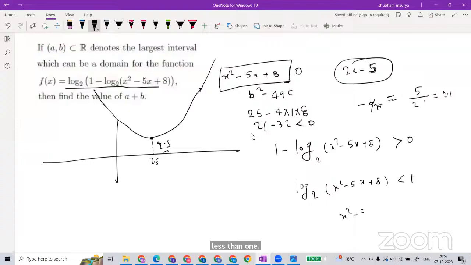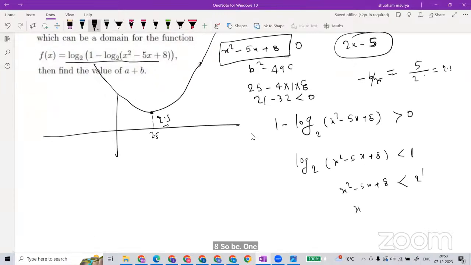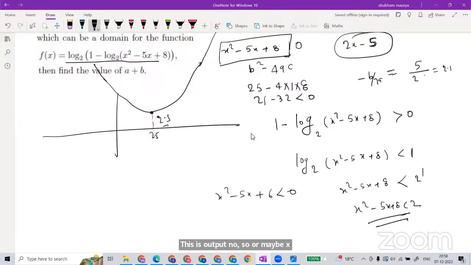this means x square minus 5x plus 8 should be less than 2. So when it is less than 2, x square minus 5x plus 6 is less than 0.